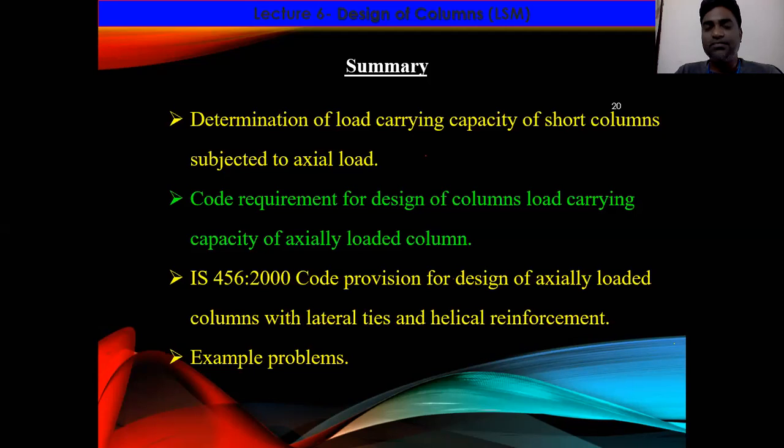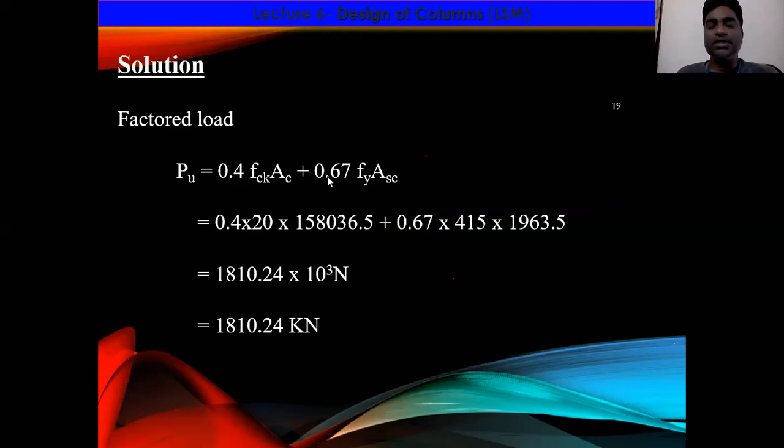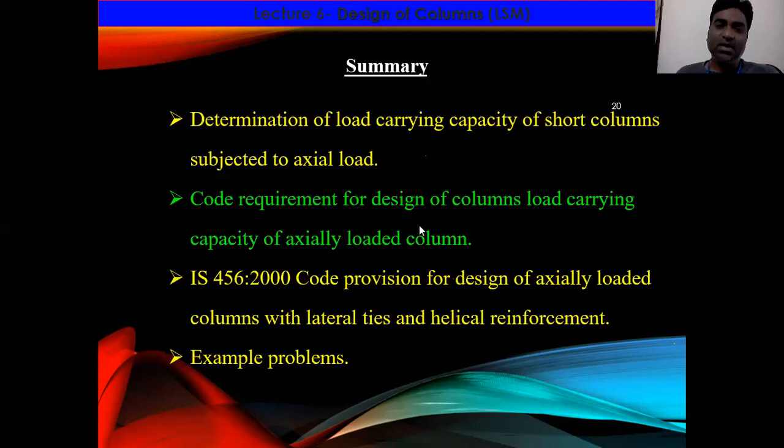That means for determining the load carrying capacity of the short column, Pu equals 0.4 into Ac into fck plus 0.67 into fy into Asc, that is for a column with lateral ties.